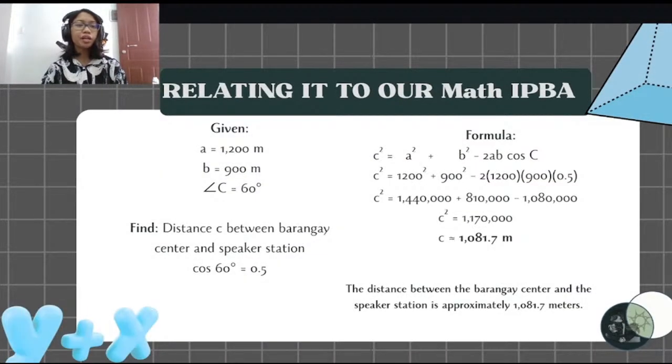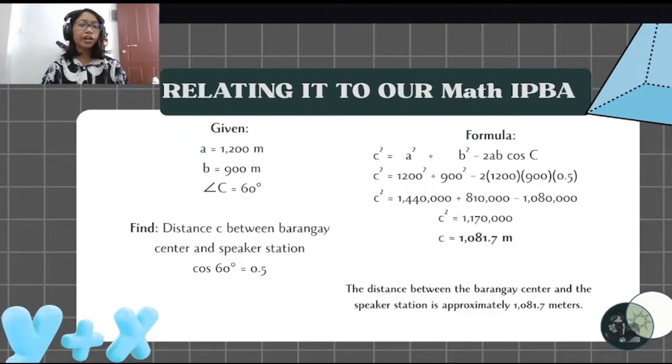In the previous problem in the previous slide, we have the given data. Side A equals 1,200 meters, side B equals 900 meters, and angle C is 60 degrees.